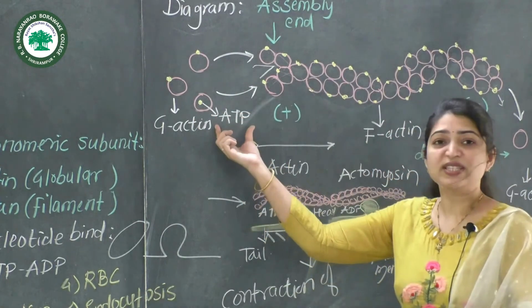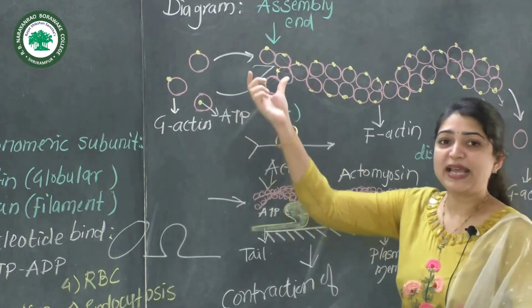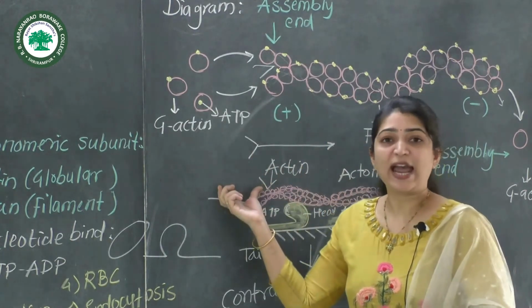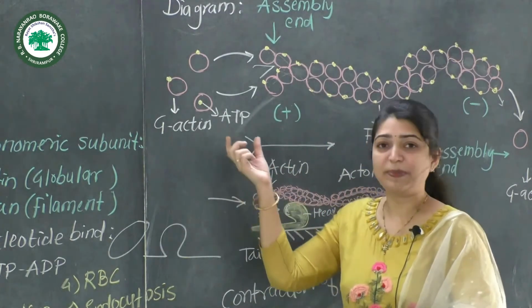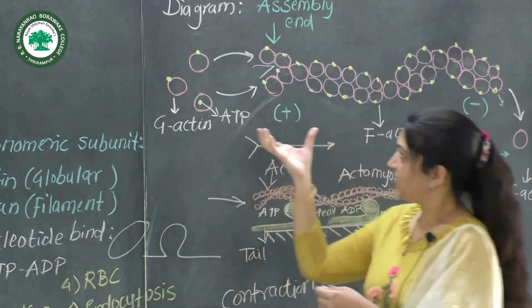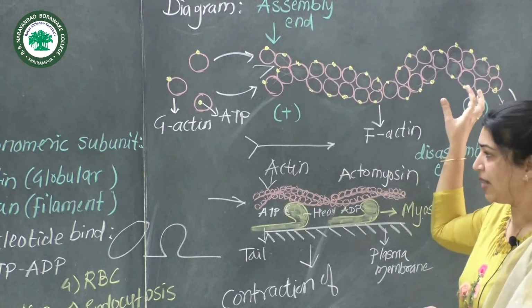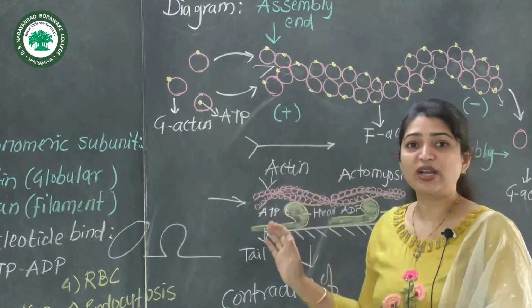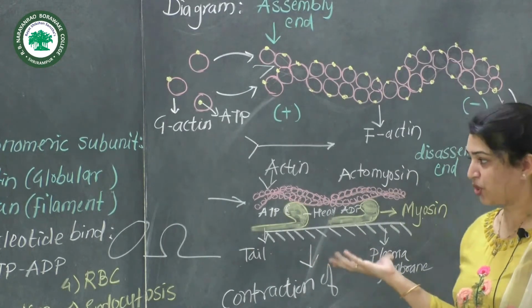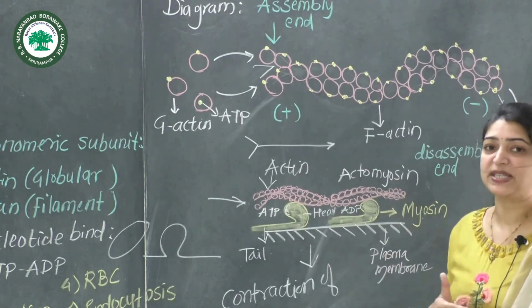With the help of this nucleotide, adenosine triphosphate, the polymerization takes place, while the dissociation takes place due to hydrolysis, that is conversion of ATP to ADP. So this was the polymerized filamentous structure of microfilaments, which has its main function in muscle contraction.